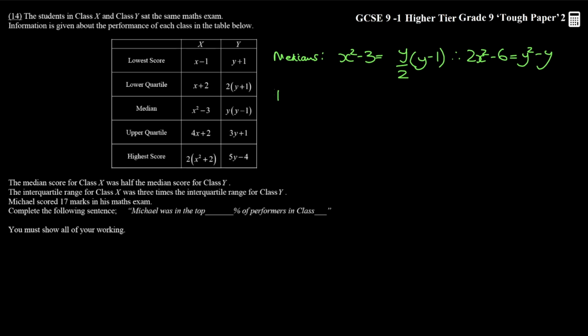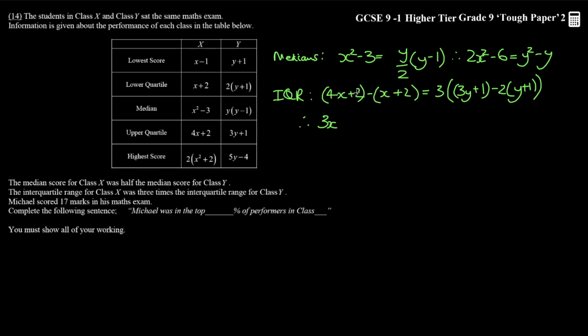Now the interquartile range. The interquartile range for class X, which is this minus this, is 3 times the interquartile range for class Y, this minus this. Okay, writing that all down. The left-hand side, I didn't really need to put these terms in a bracket here, but I've got 4x minus an x, so this is 3x. And the numbers, I've got a positive 2 and a negative 2, so they will just cancel.